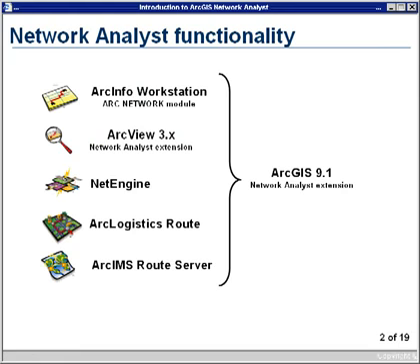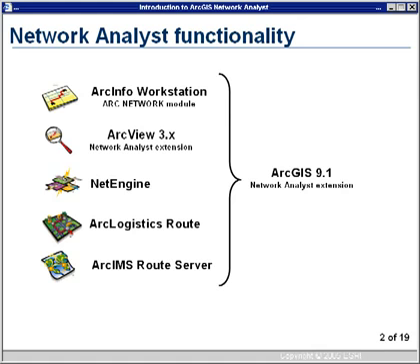If we look at the functionality in Network Analyst, we find that components from other ESRI routing technologies have been included in it. For example, Network Analyst supports models or scripts similar to functionality found in ArcInfo Workstation. There are user interface components similar to those in ArcView 3x, which allow users to graphically perform analysis.